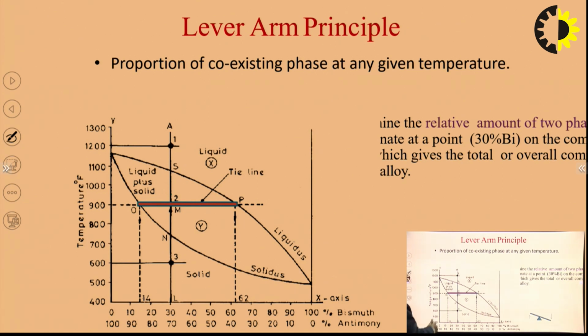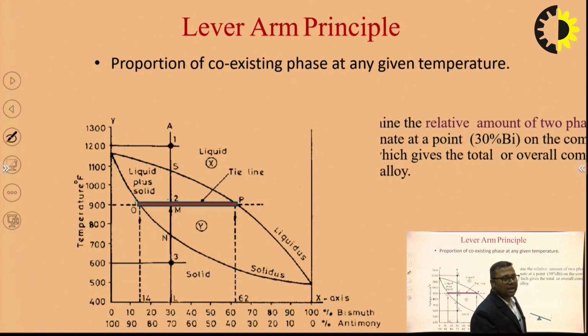So whenever you take this point and draw one horizontal and vertical line, and take this point and draw vertical and horizontal lines, then this point actually shows the percentage of solid fraction, and this point shows the percentage of liquid fraction. And for any point, say here, when you draw a vertical line, this point shows the overall composition.